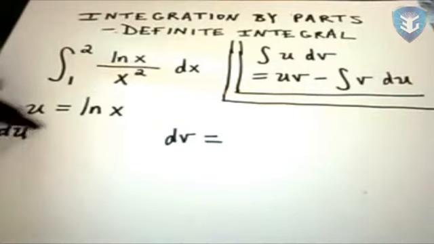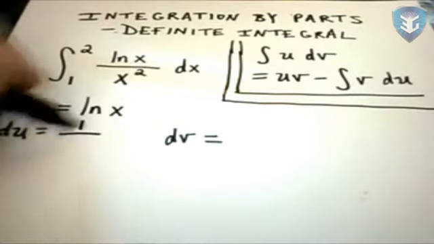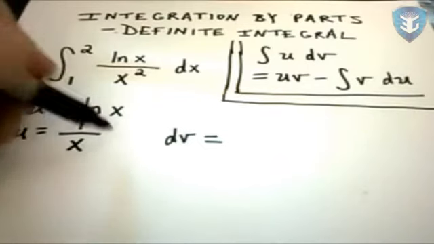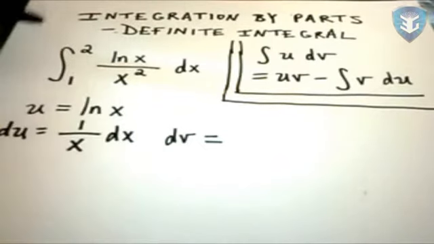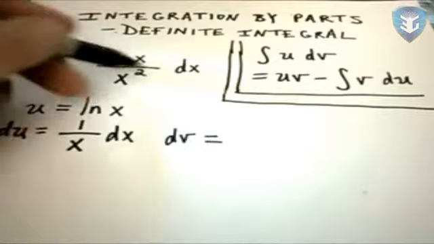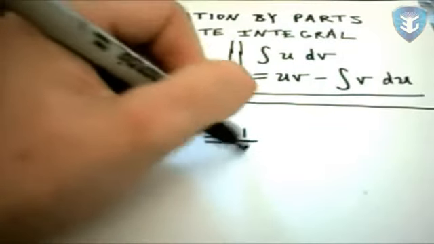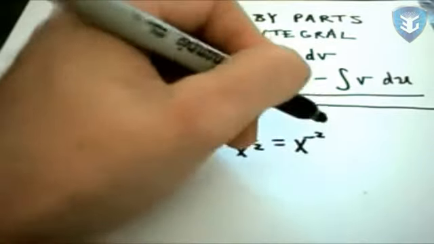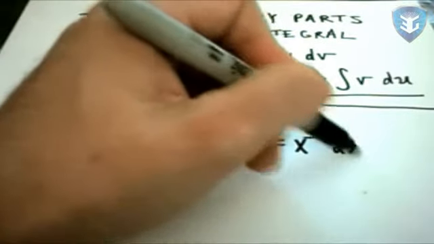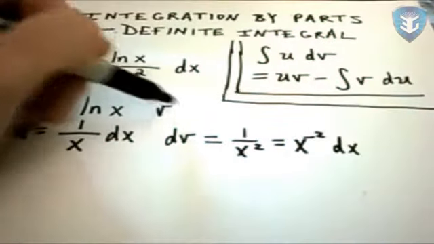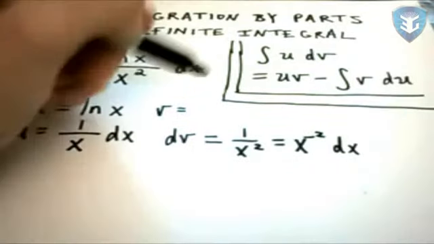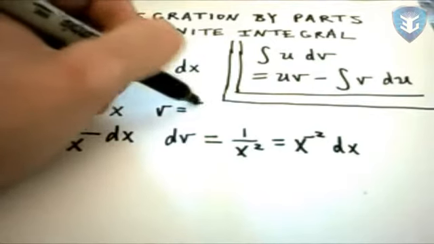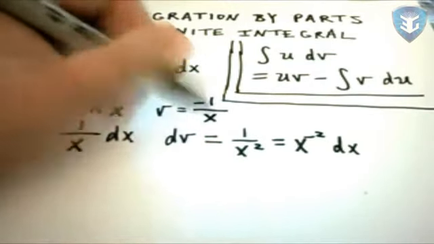If you use ln of x, du becomes 1 over x dx. That means I'm picking dv to be the 1 over x squared or x to the negative second dx term. And if you find the antiderivative of x to the negative second, we'll get x to the negative first divided by negative 1, or negative 1 over x.